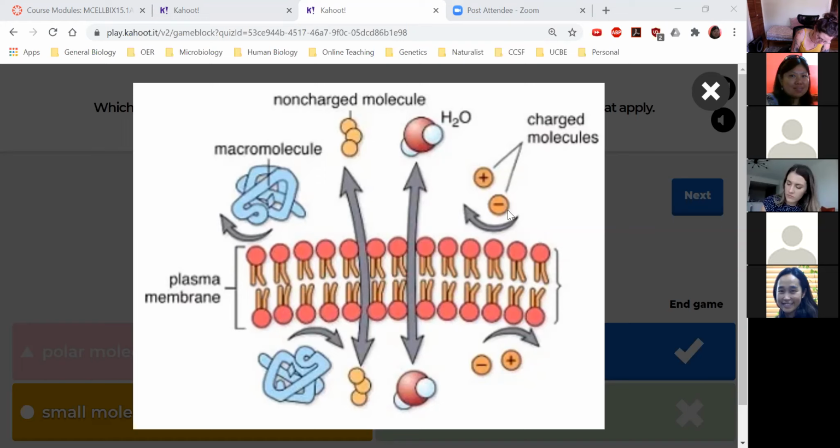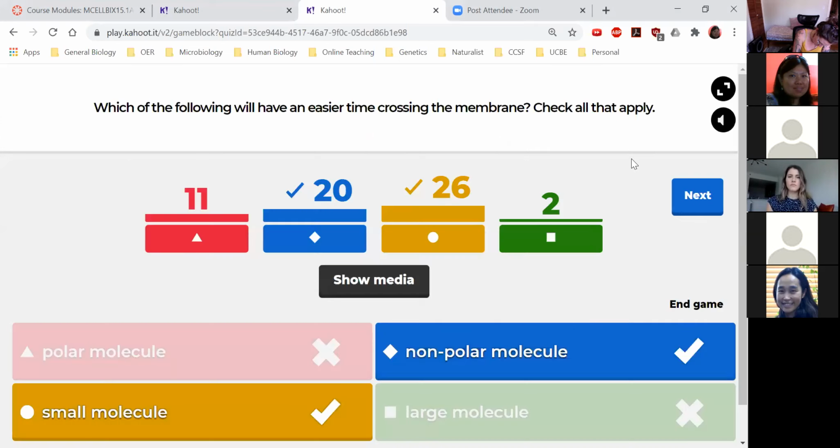If you carry a lot of charge, think about ions like sodium chloride, they are really small, but because they carry a lot of electric charge, they won't be able to cross the membrane by themselves. They have to rely on transport proteins. And large molecules like proteins or polysaccharides won't be able to cross the membrane.